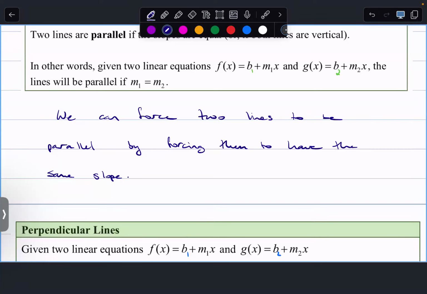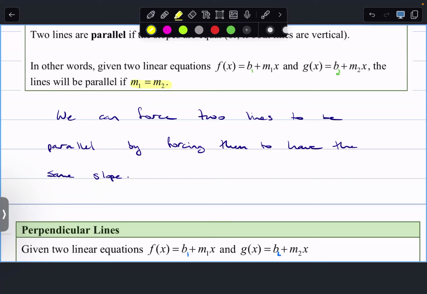So we need to have a good handle on this: if I say parallel, then they have the same slope, right? M1 is equal to M2. And I've got the example way down, so we'll hold off. So that's easy enough, right?